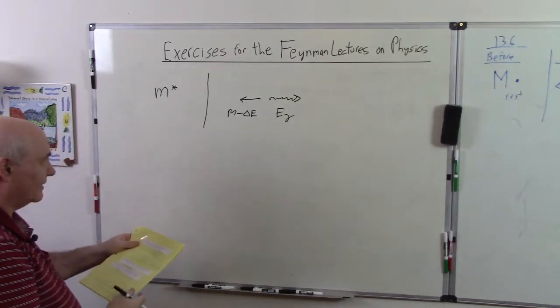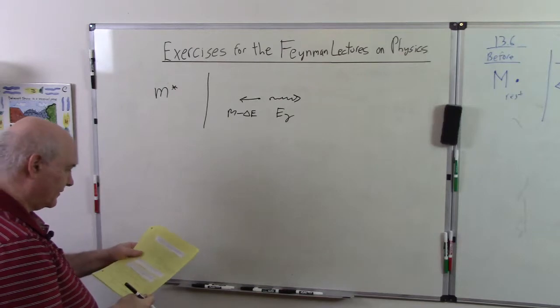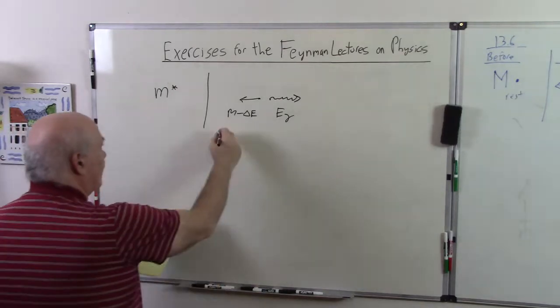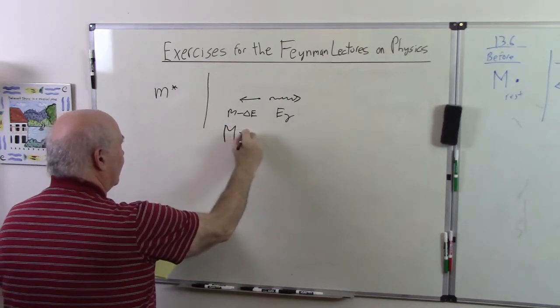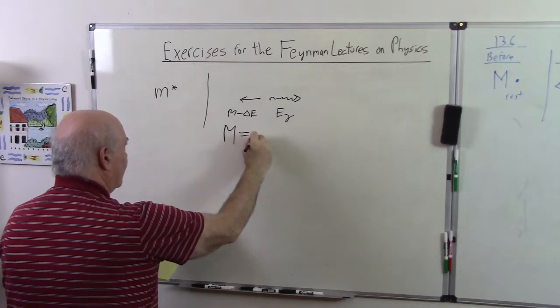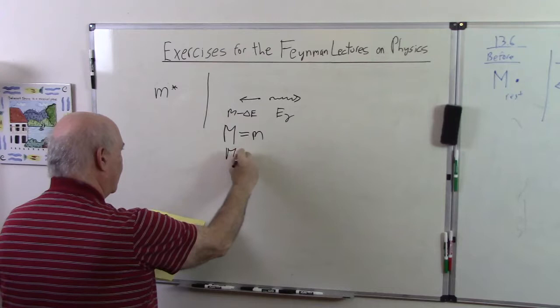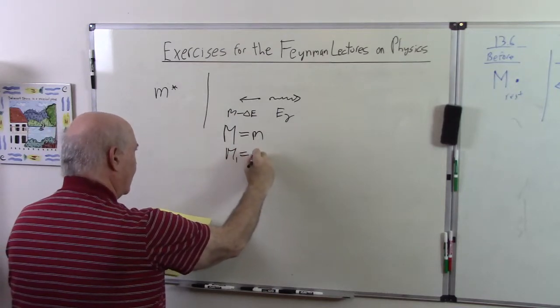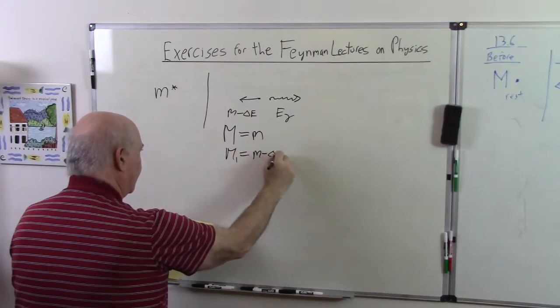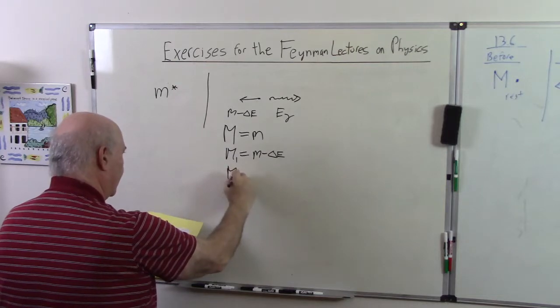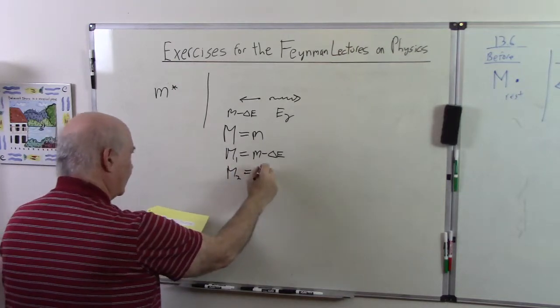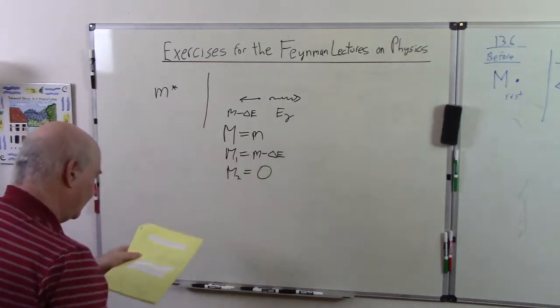We want to calculate the energy E gamma of the photon. So in this case we would have m equals m, m1 equals m minus del E, and m2 equals 0 because the photon is massless.